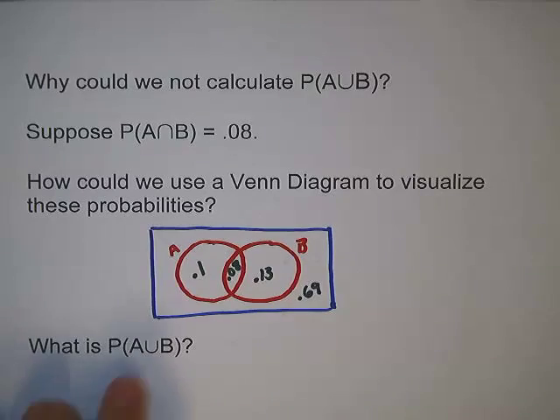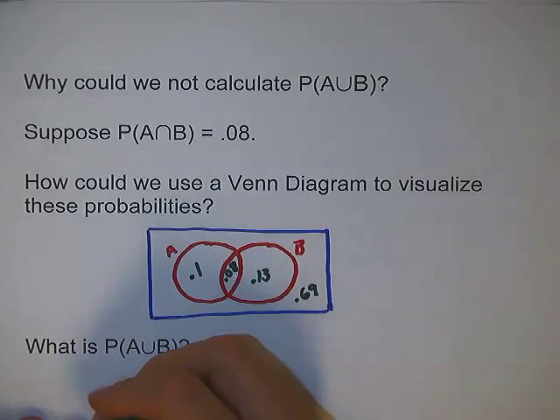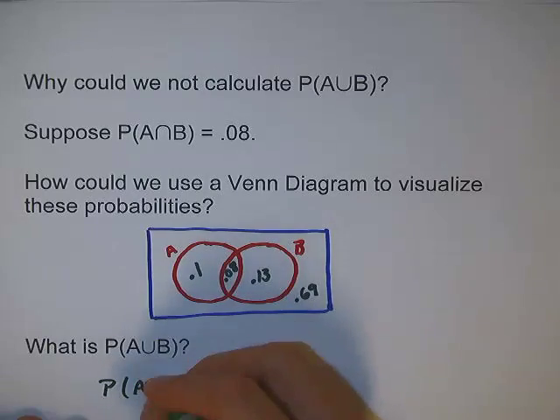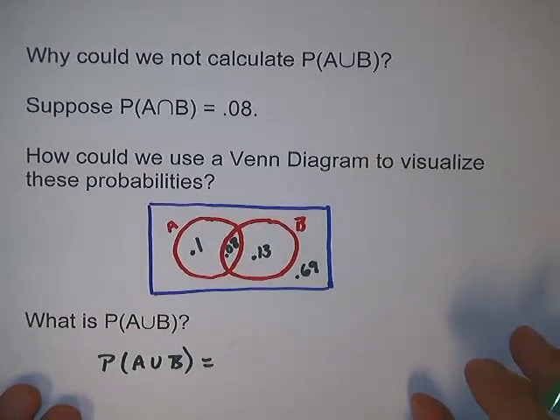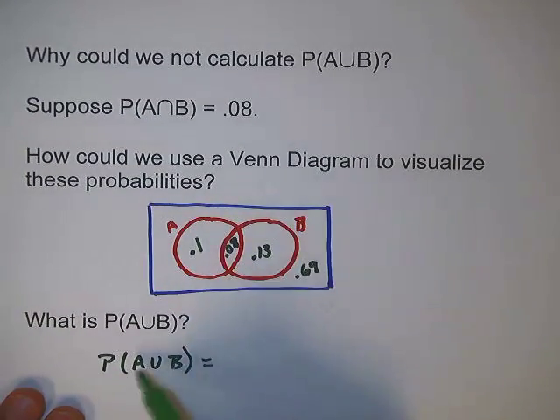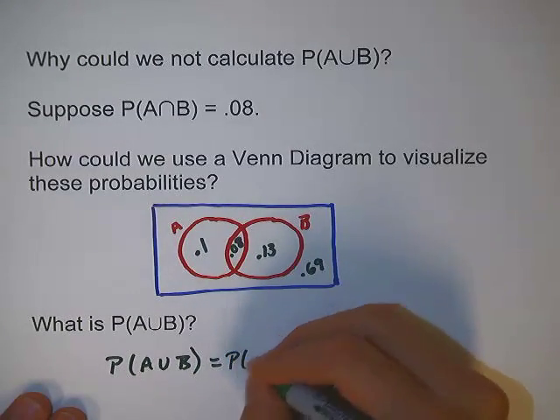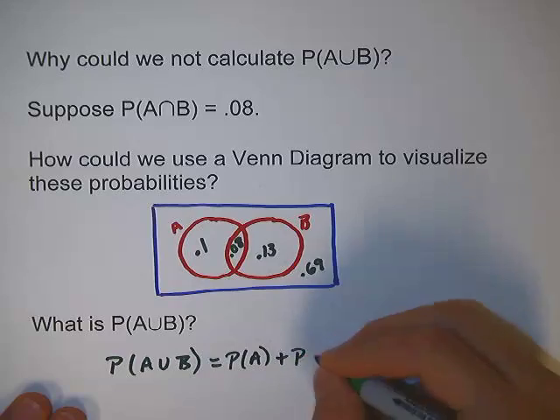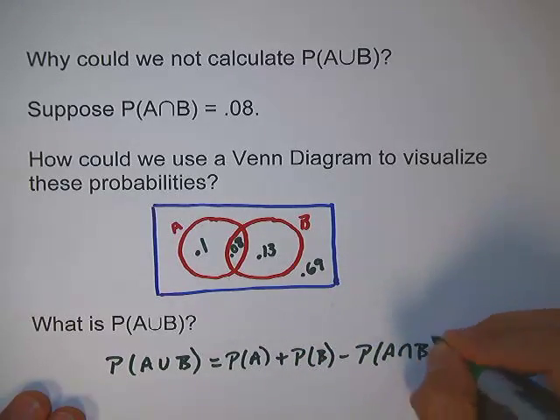Now, if we want the probability of A or B, there's really two ways to do it. We can just add up these three outcomes, or we can use our new rule, the general addition rule. So we knew that these added up to 0.31, so let's confirm that using the rule. We'll take the probability of statistics plus the probability of psychology minus the probability of both.